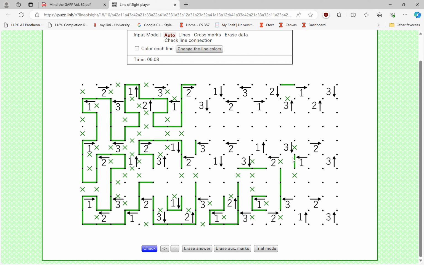Does that tell me anything else at the moment? I'm not sure. Because I know I need to have a 3 extension somewhere, but it could just be here, so I could have this one connect still.